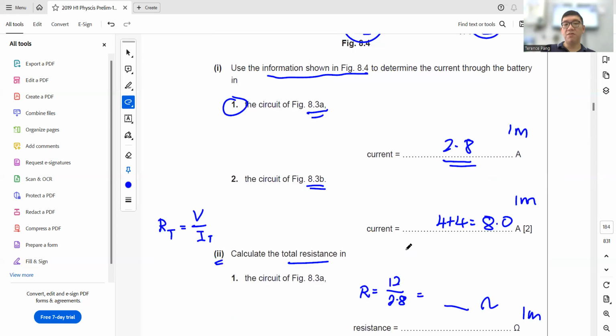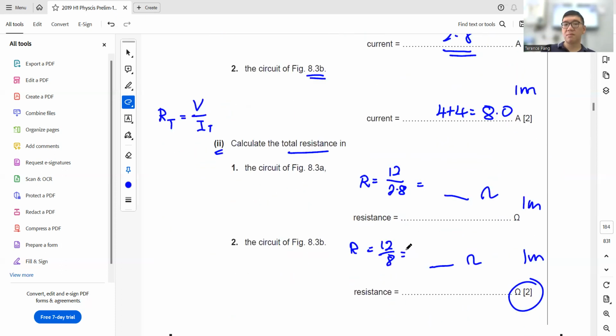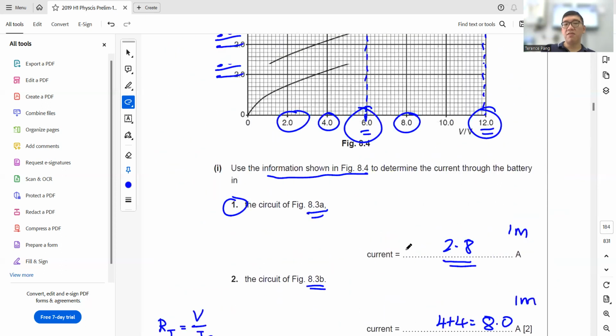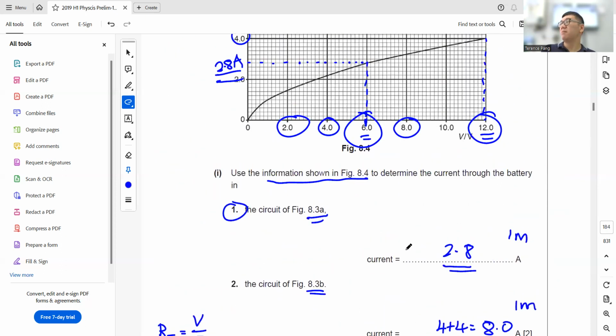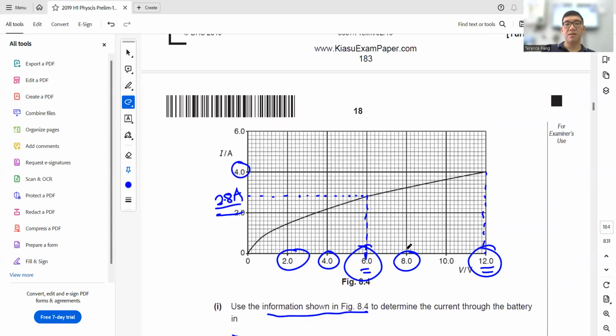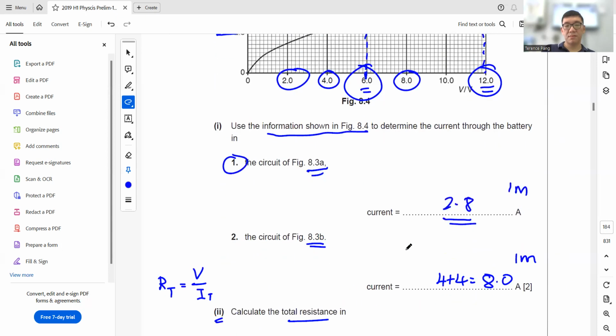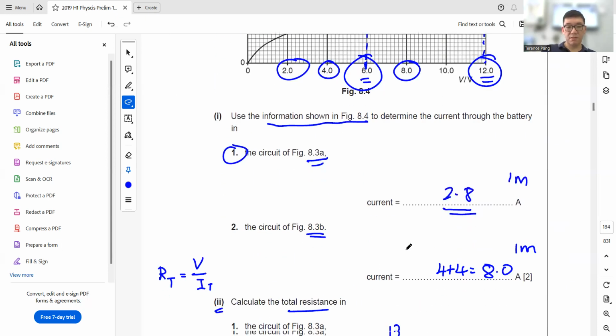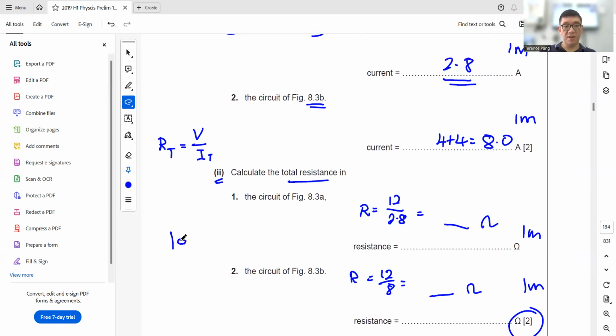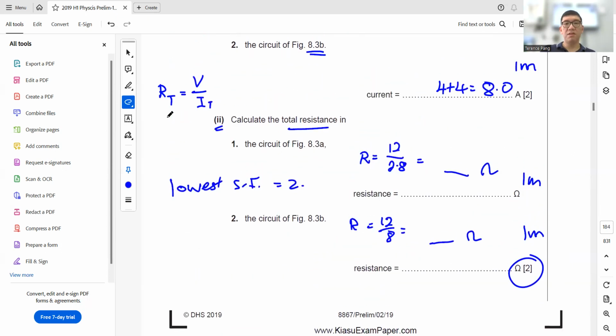So the values that you get should be based on 2 SF. If you are given three SF values, then you should go by that. Lowest SF is 2. Any question? No. Okay, we're done for this one.